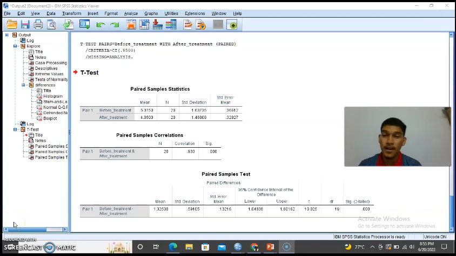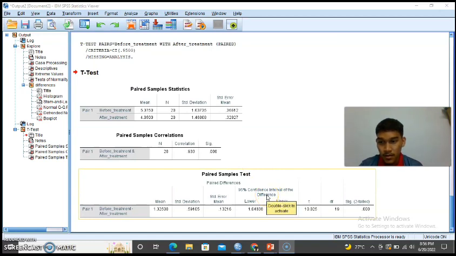So we got the result of the paired t-test. Looking at the paired samples statistics, there is a large difference between the mean before and after treatment. For the paired samples test, see the result of significance two-tailed.